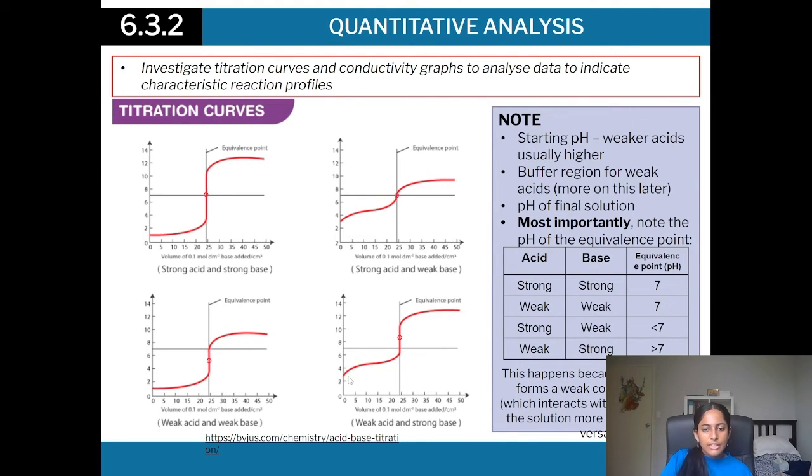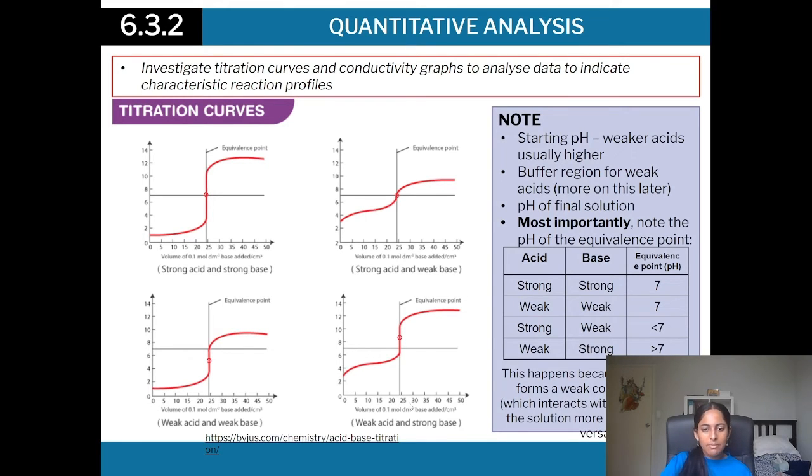And then if you have a weak acid and a strong base, your weak acid is going to have a higher pH than a strong acid. That should also happen here in this one over here, but I don't know why it's the same as this one. It should be a bit higher, like this.